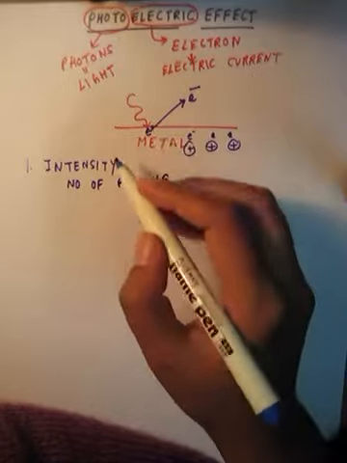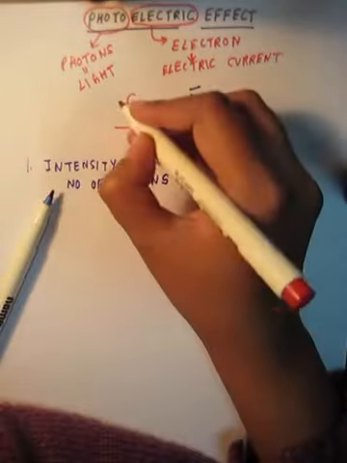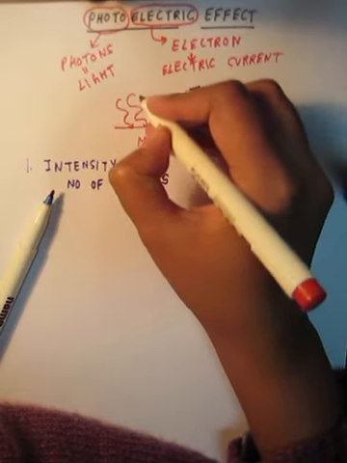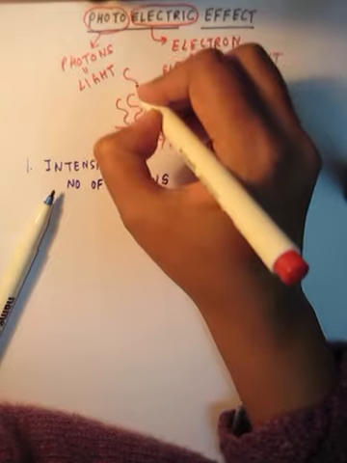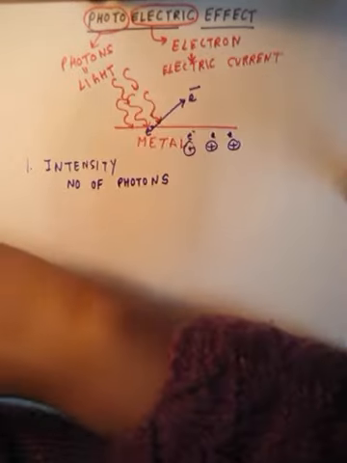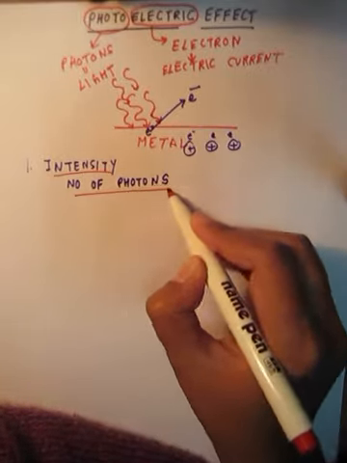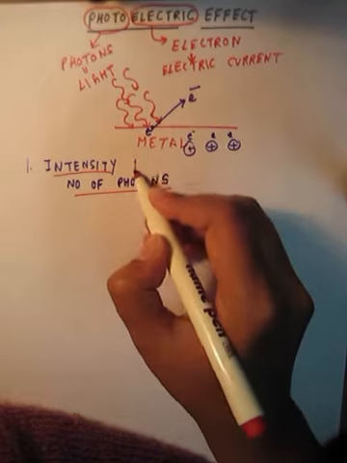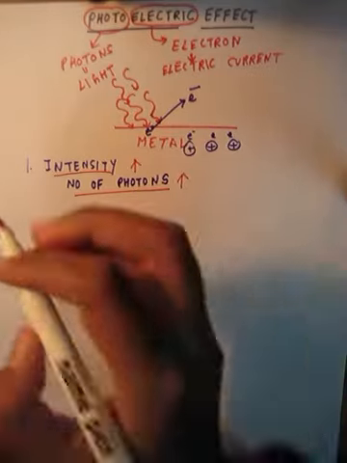So if I say that we are increasing the intensity of this photon, it means that more and more photons will be falling on the metal. So intensity means number of photons will increase. So if intensity will increase, the number of photons falling on the metal will increase.